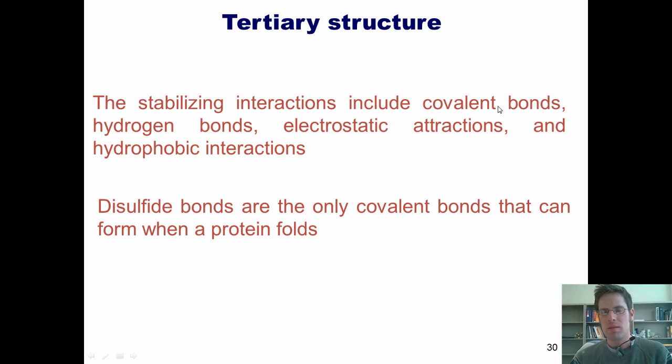Now when I say covalent bonds here, there is a qualifier. The only type of covalent bond that exists across a peptide, from one part of a peptide into another part, is a disulfide bridge that we talked about before. So that summarizes tertiary structure.